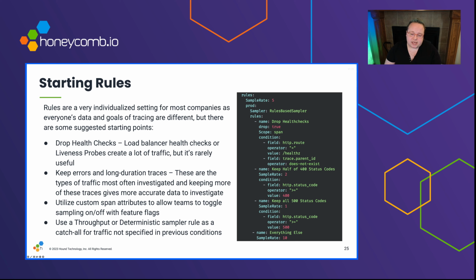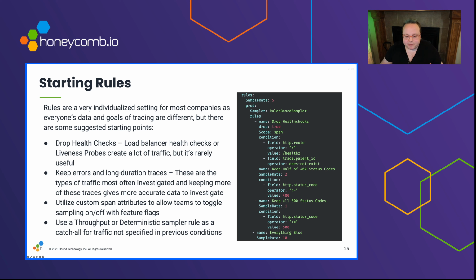It'll force a more minimal sampling strategy, meaning you're dropping potentially more traffic and saving some more money. If it doesn't fall into a rule, presumably it's not the data that is most interesting to you, so it's okay to have a higher sample rate.